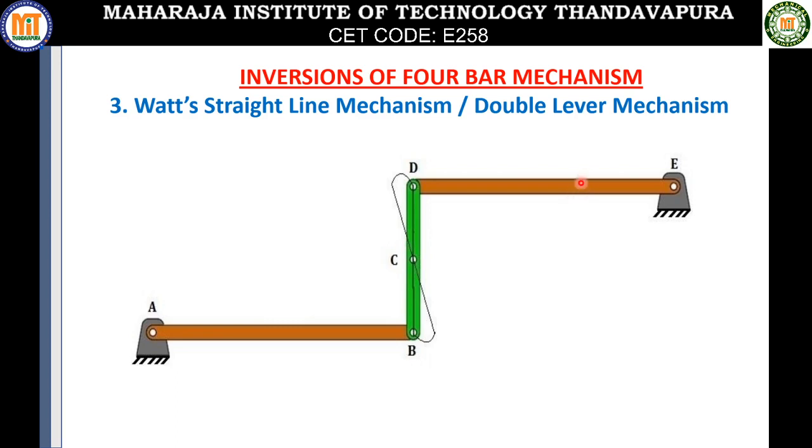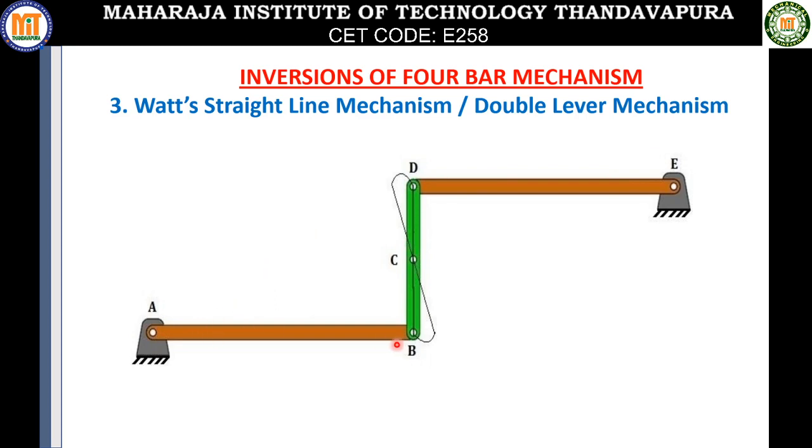At the ends, we can observe the ends A and E are fixed. During the mean position of the mechanism, the links AB and DE are perfectly parallel, and the connecting rod BD will be perpendicular to both the parallel levers.